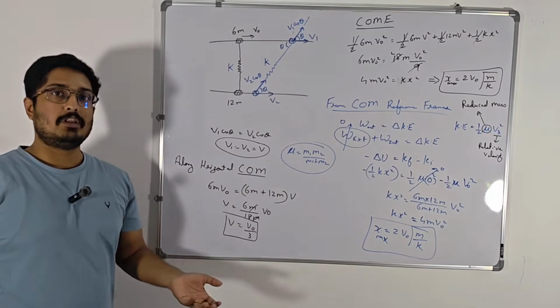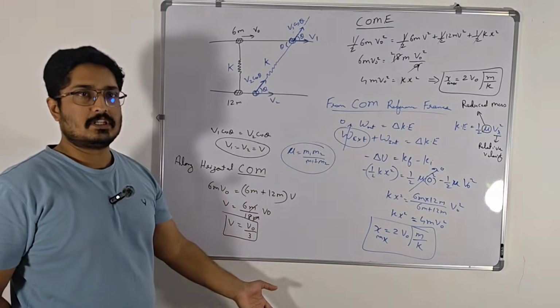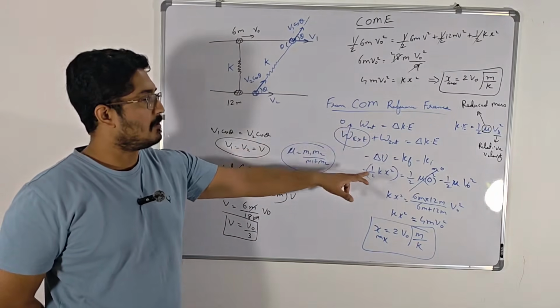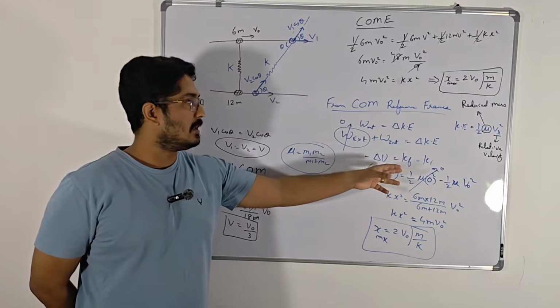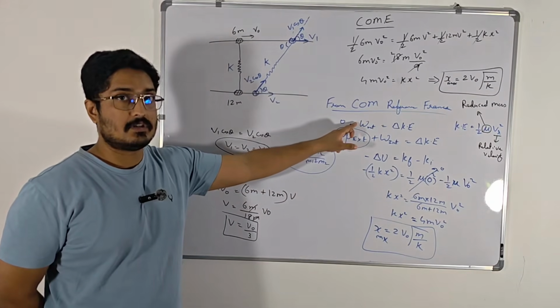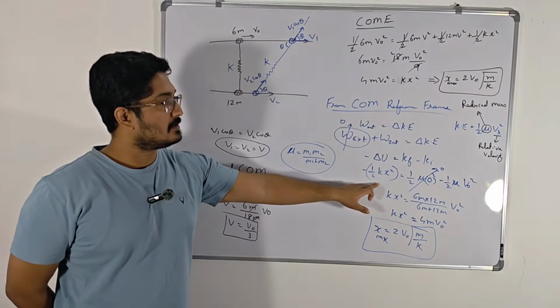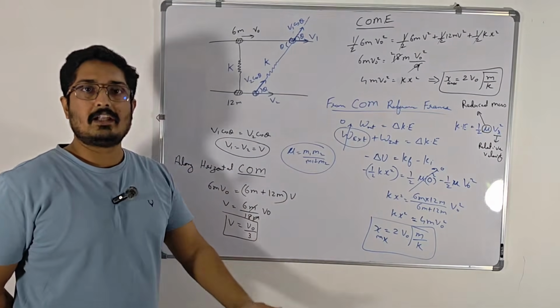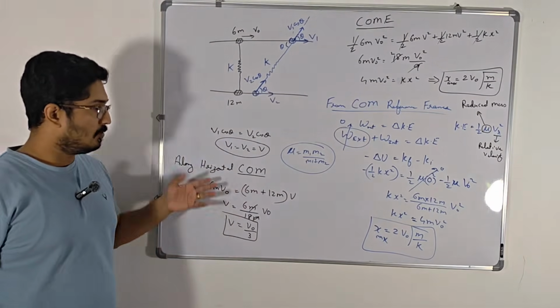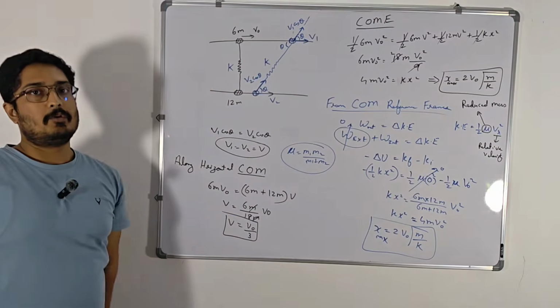But if I am a student doing this in the examination, I can skip many of the steps. I don't need to write this step. I don't need to show that its external is 0. I know that the final kinetic energy is 0. So after writing this equation, I can directly jump to this equation. So basically, in 4 or 5 steps, my answer would come, whereas here I have to do all these steps and then I'm able to get the answer.